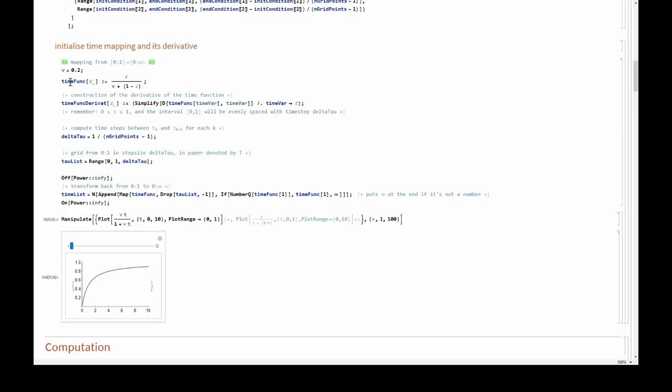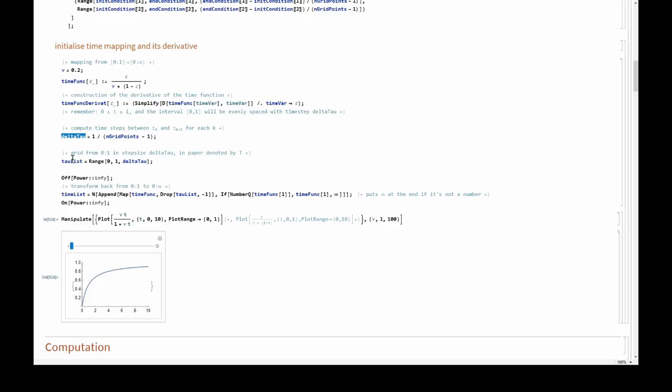Okay, so we have this defined, and you have all the comments here anyways, but for clarity, delta tau here is the width of the time points, and here you have the tau list, which is basically the capital T from before.